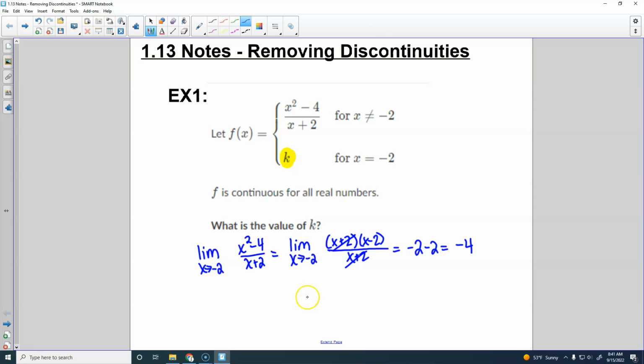So we need to let k equal -4. Okay. Questions? That one's pretty straightforward. And this is typically what you're going to do whenever you see this x does not equal something.